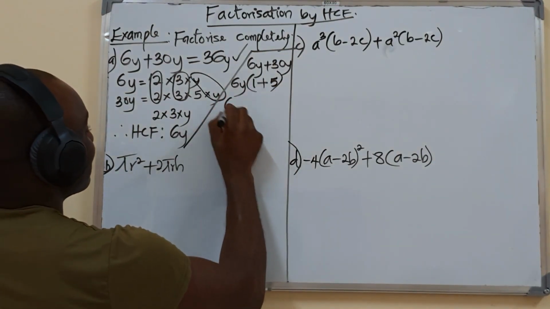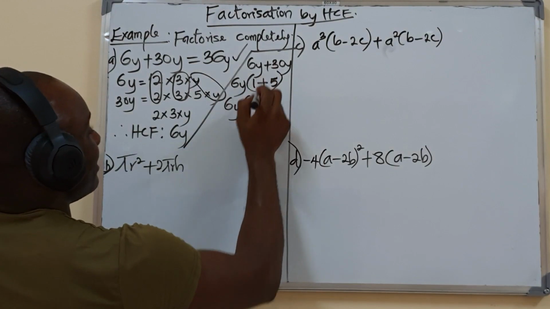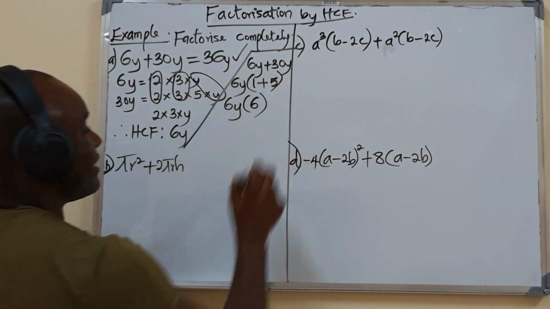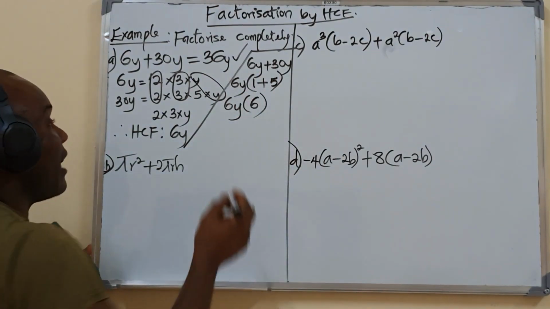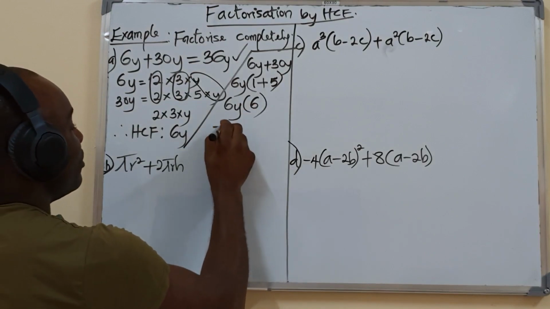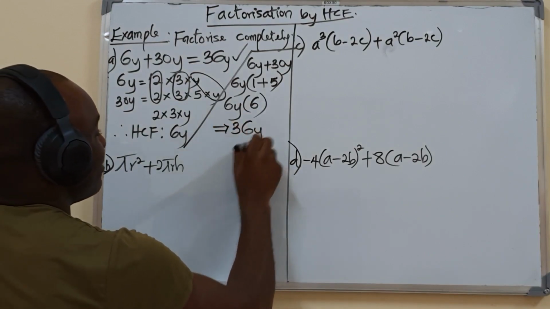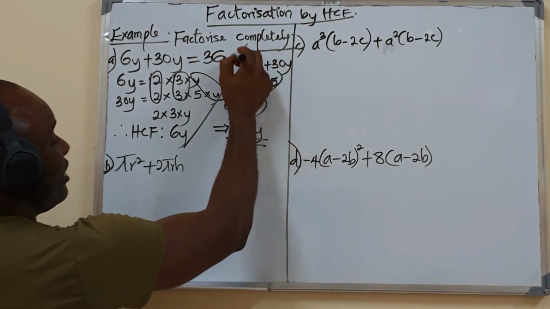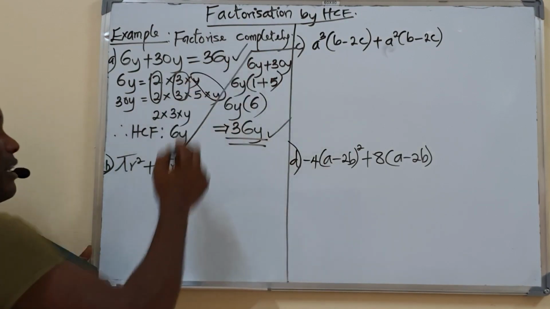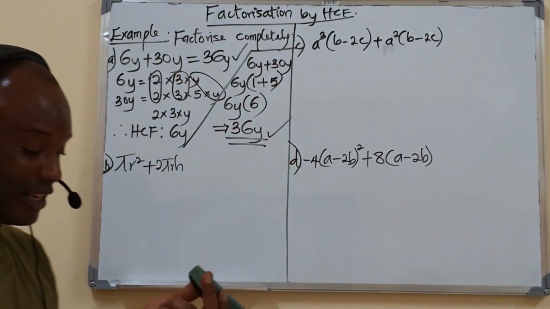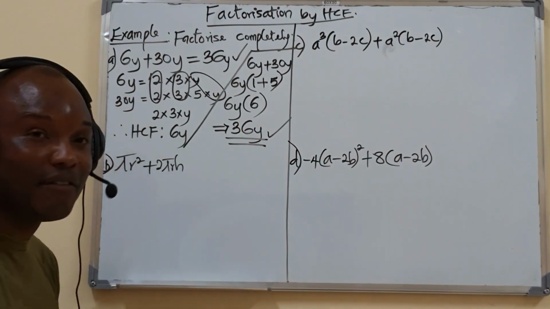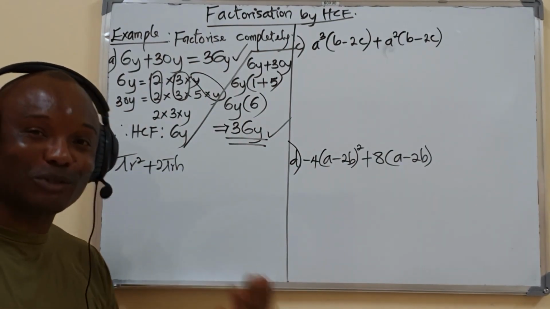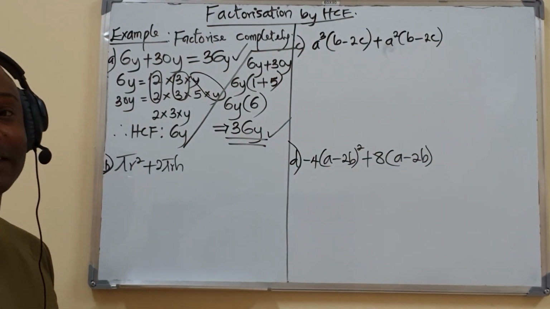Did you notice it is getting simpler, but this time with a bracket? Simplifying the bracket, 6y comes down, and then 1 plus 5 is 6. It's time to multiply. 6y times 6 will give us 36y. Can you see that we have just arrived at exactly the same answer you gave us from the beginning of this problem? What I have just demonstrated is an easy way to show how to factorize an expression.